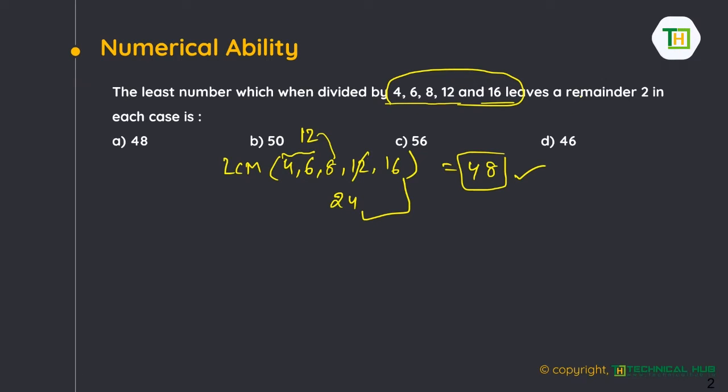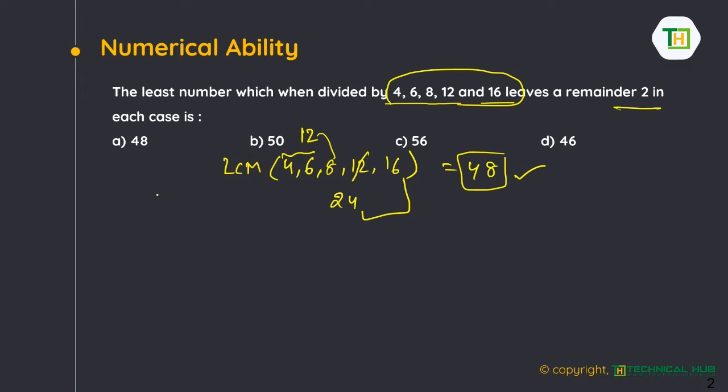But here he is saying that there is a remainder 2 in each case. While dividing with 4, remainder is 2. While dividing with 6, remainder is 2. While dividing with 8, remainder is 2. Likewise, for each and every number, remainder is 2.